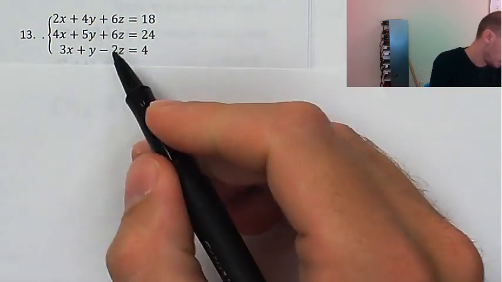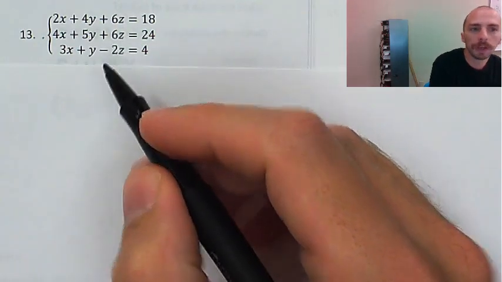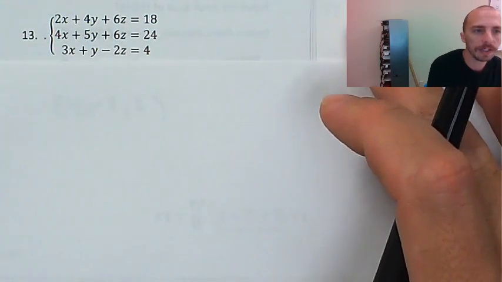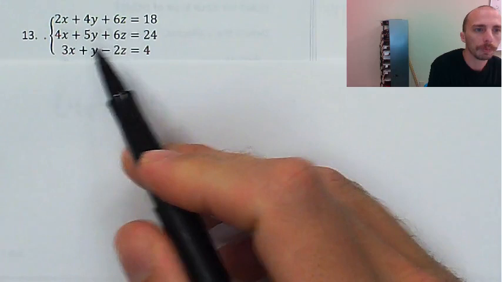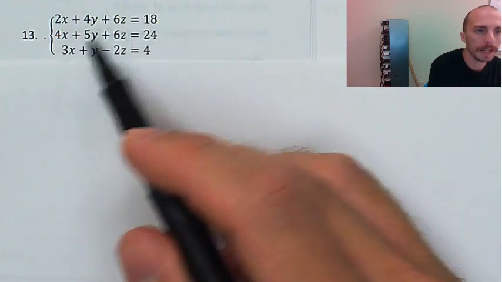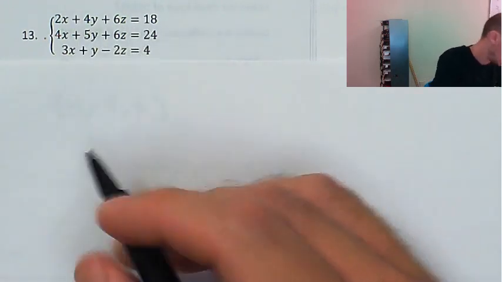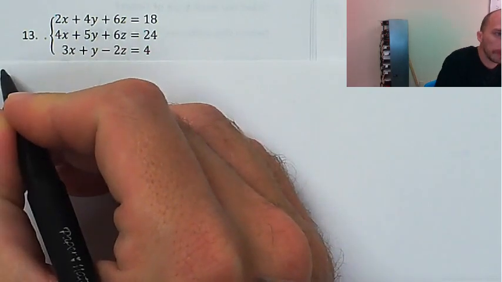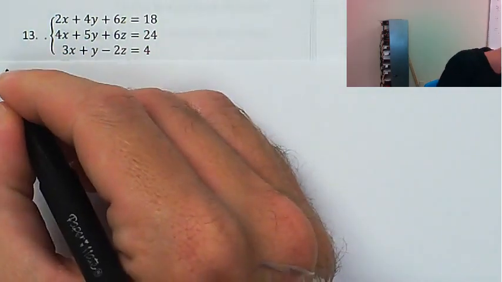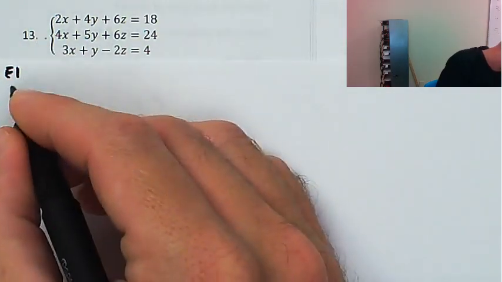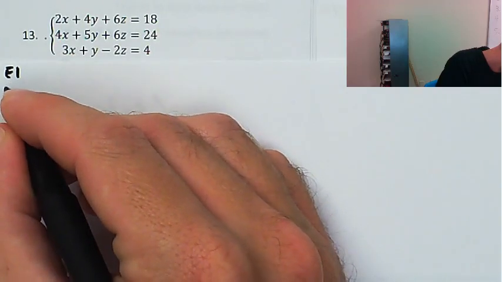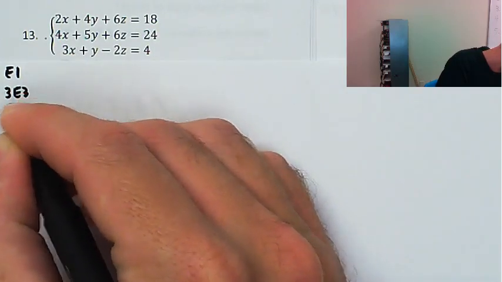All right, on this one, I'm thinking we're going to eliminate z. That's my plan, is I'm going to eliminate z using that negative 2z. So I'm going to take equation 1 and add 3 of equation 3 to it. Equation 1, and then 3 of equation 3.